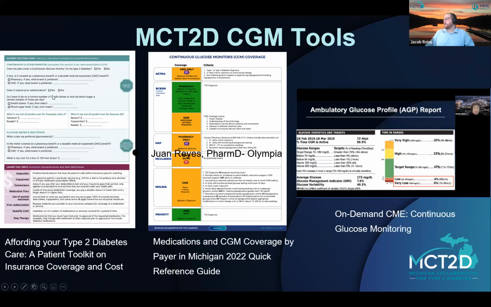All right, so as I was saying, on the left here, we have our patient toolkit. So we have a number of different things in here. And so the provider is able to check which item that they're hoping for their patient to call their insurance company and inquire about.